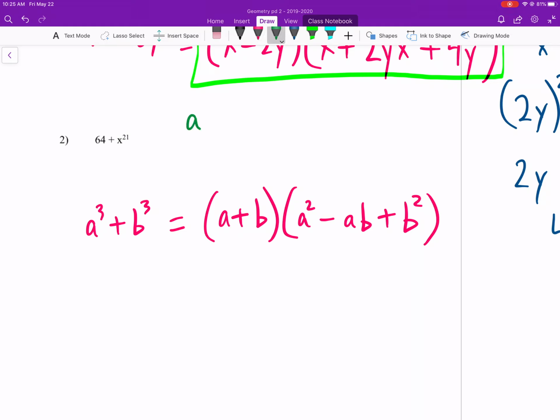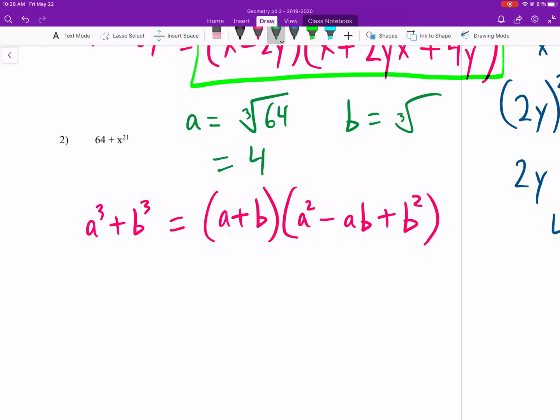Remember, A is the cubed root, so what times itself will give you that 64? So A is equal to the cubed root of 64. That would be 4. 4 times 4 is 16, times 4 again would be 64.